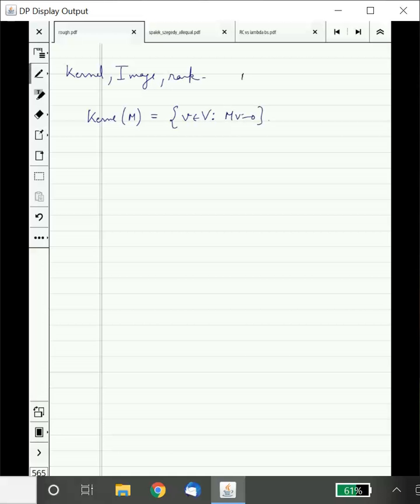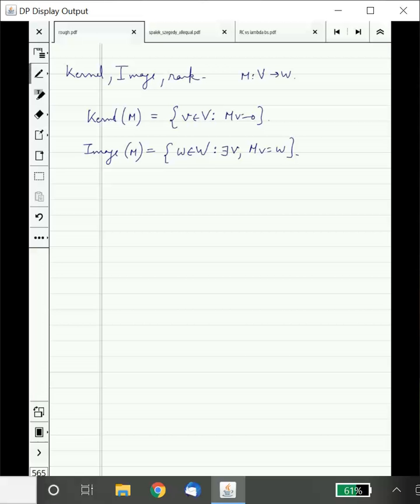Remember, M is a linear operator from vector space V to vector space W. Similarly, I can define image of M. This is the set of all vectors W such that there exists a V for which MV is equal to W.